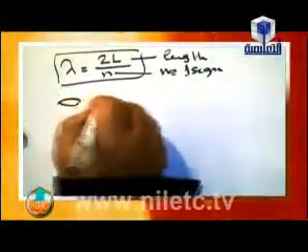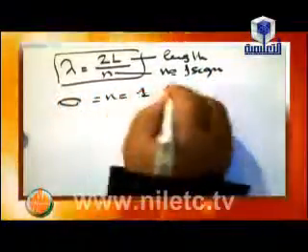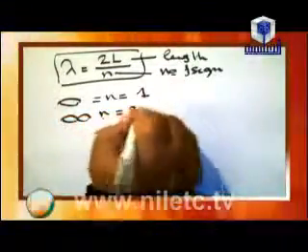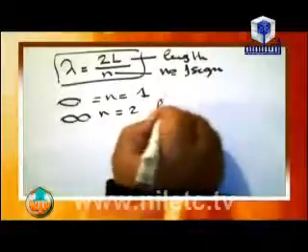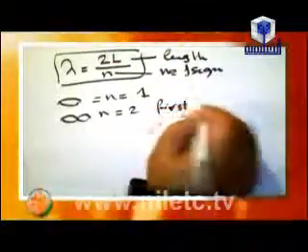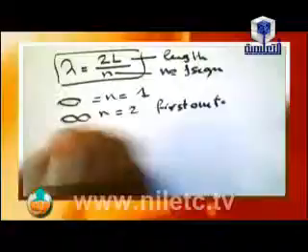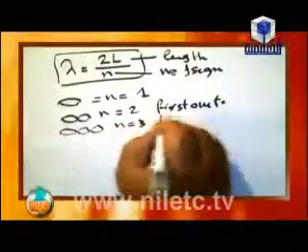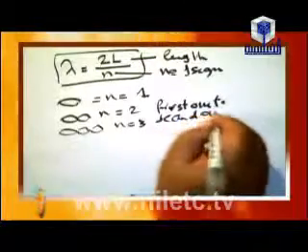We know that if N equals 1, this is called the fundamental tone. N equals 2 is called the first overtone, and N equals 3 is the second overtone.